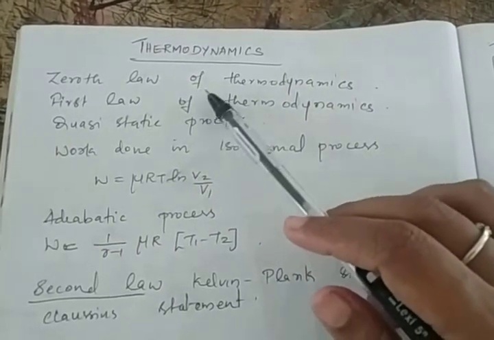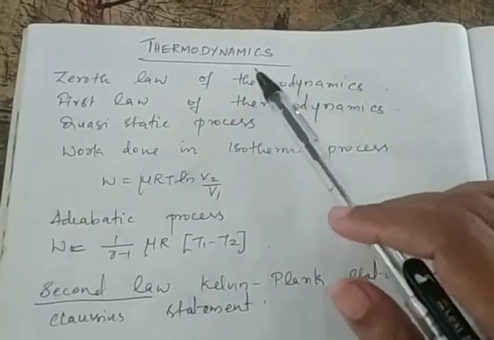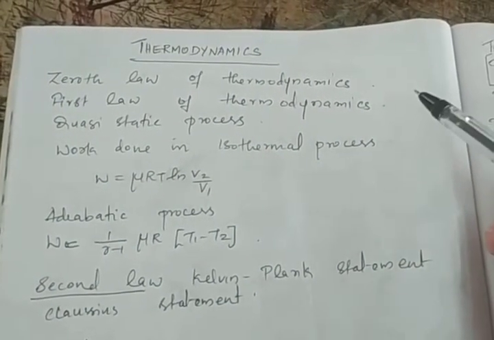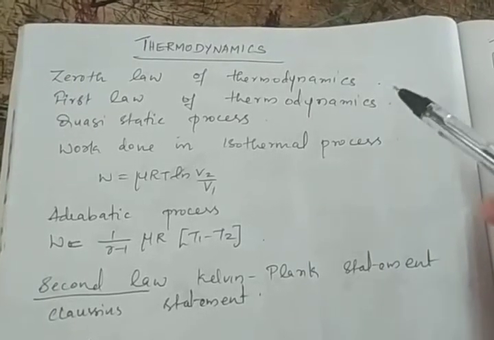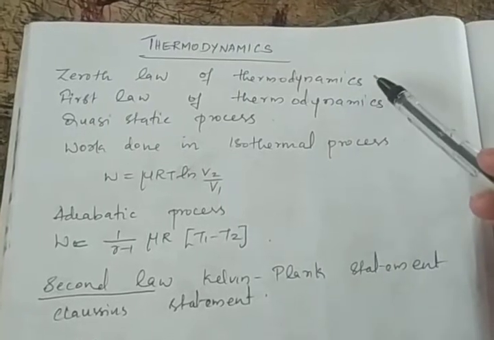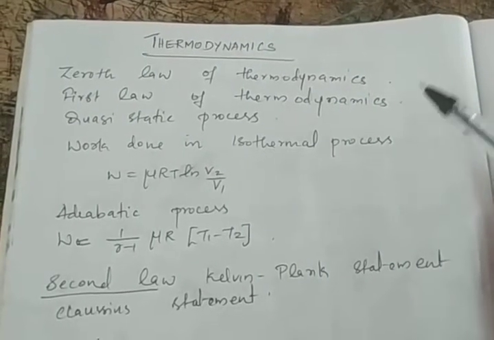So first concept that I want to discuss today is zeroth law of thermodynamics. So what do you mean by zeroth law? How will you state zeroth law? Zeroth law states that two systems in thermal equilibrium with a third system will be in thermal equilibrium with each other.